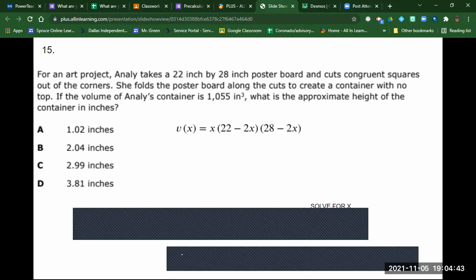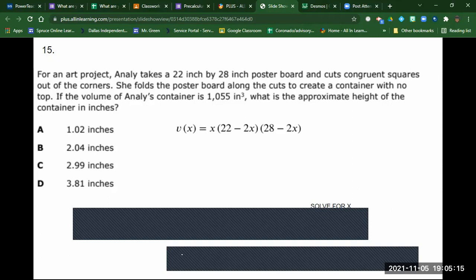So let's see, what I'm gonna do is x equals 2. Good. All right, so let's go to Desmos with this.